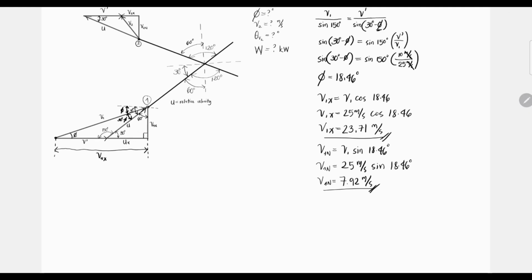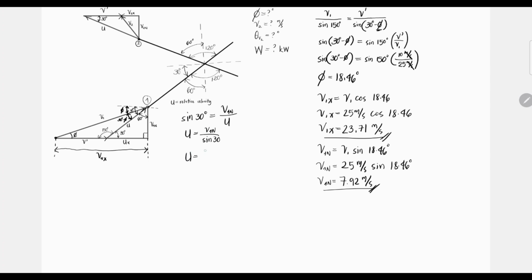So, to solve for relative velocity, sine 30 degrees is equal to opposite, which is v1n over our relative velocity u. So rearranging this equation, we will arrive into v1n over sine 30 degrees. So we can now solve for the value of our u.